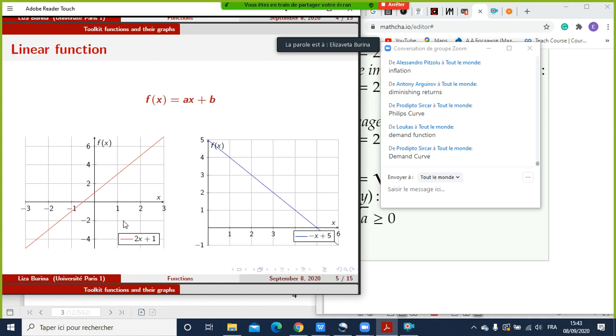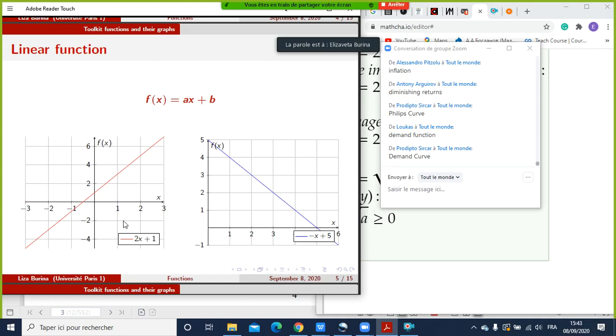Demand curve is the best example here, because we have the price and the value of demand. So it's different in economics. Usually in mathematics we plot the independent variable on the x-axis, the dependent variable on the y-axis. In economics we plot it the other way around, but that doesn't change anything, and a decreasing function will still be a decreasing function. Okay, cool.